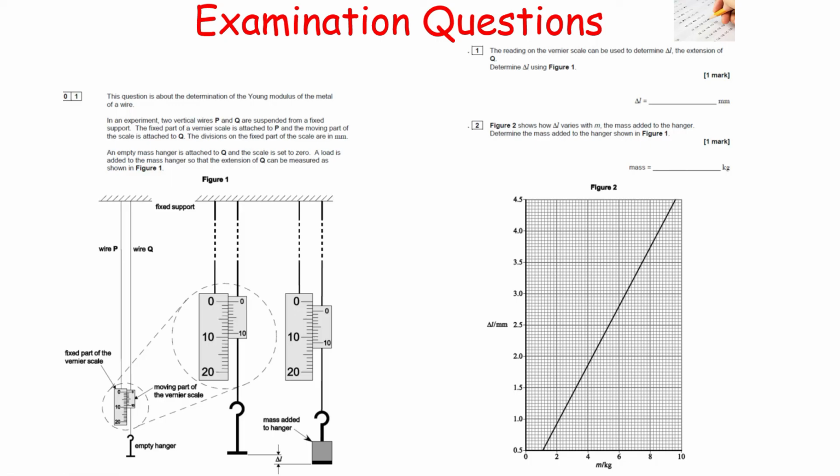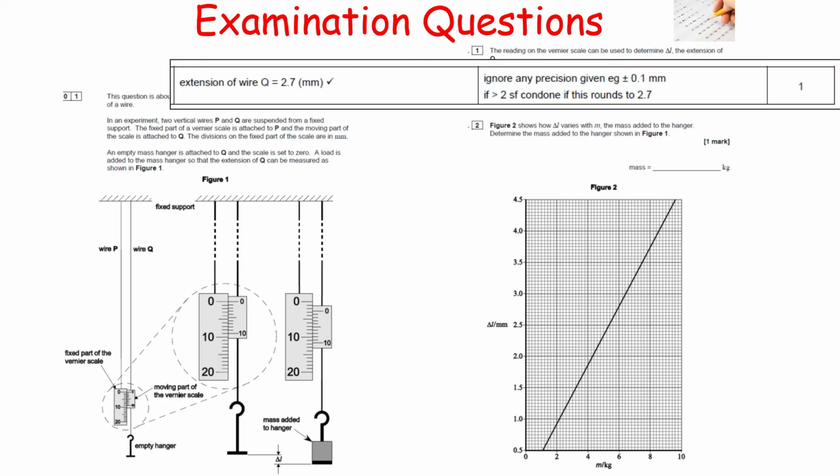Well, for the first one, we're trying to use figure 1 here to work out what our extension is. So we're going to have to use our vernier scale to work out the difference between the value on the left and the value on the right hand side. When we use our vernier scale on the left hand side, we can see quite clearly that we're going to get a value out.